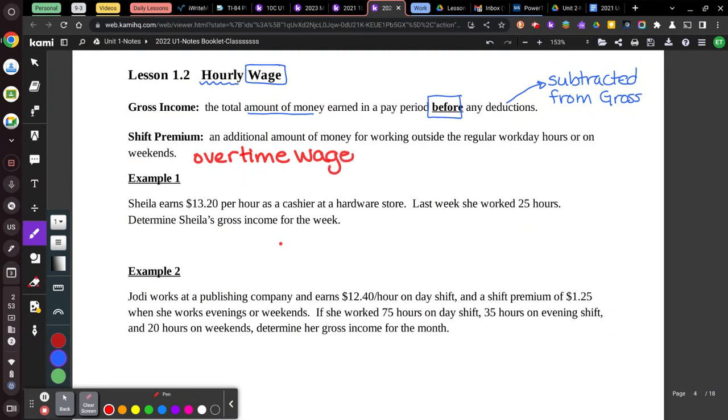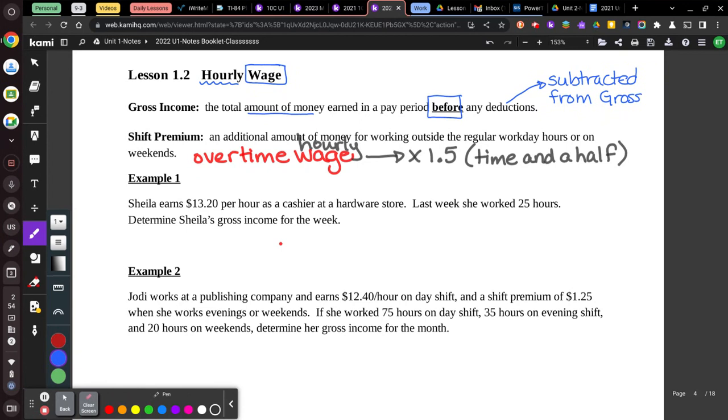We need hourly. Okay, hourly wage. So when we take a look at this hourly wage, we typically are going to times by 1.5 if they say time and a half. Okay, so that's what we multiply by.